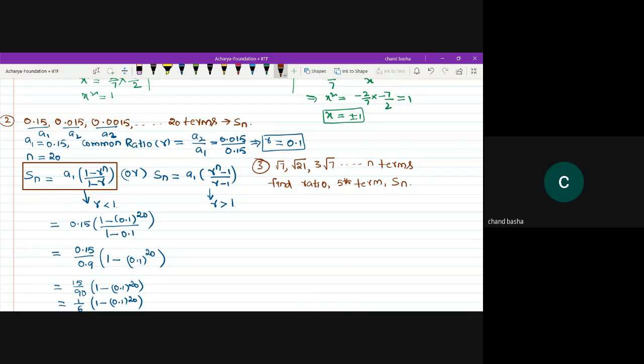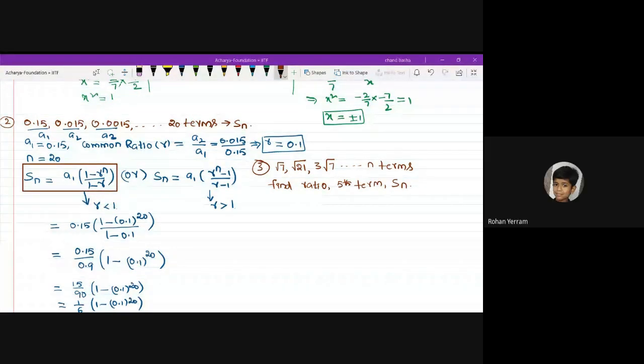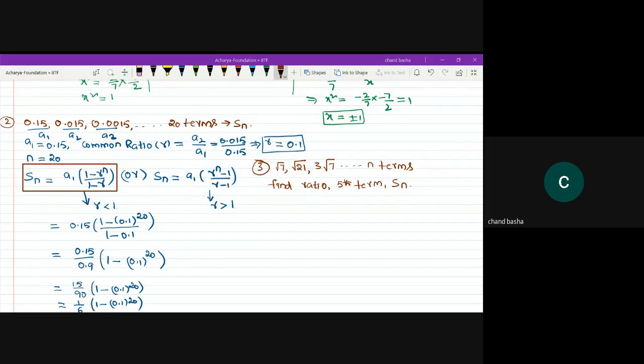Ratio is different, fifth term is different, Sn is different. 3 questions I'm asking for this. Oh, total 3 questions. He's asking common ratio, fifth term, and sum of n terms. Okay, sir. Ratio is root 3, sir. Yeah, Harshavardhan, very good. Correct answer, Harsha.